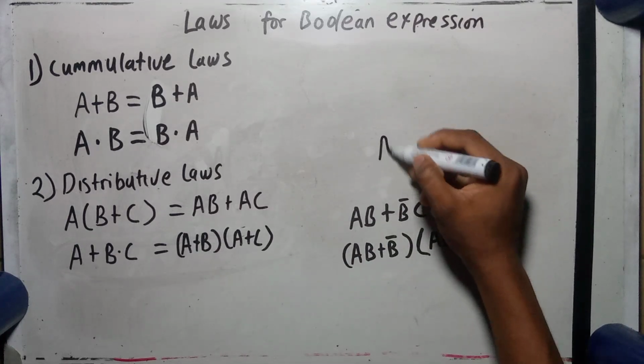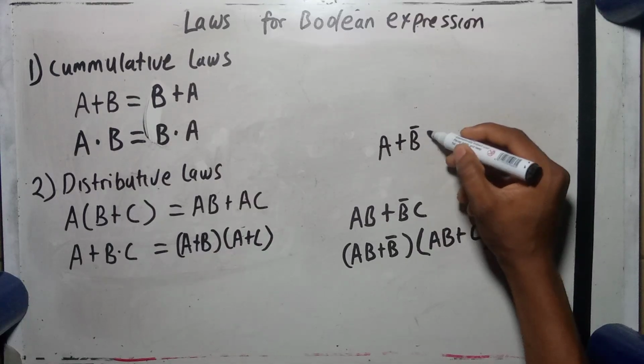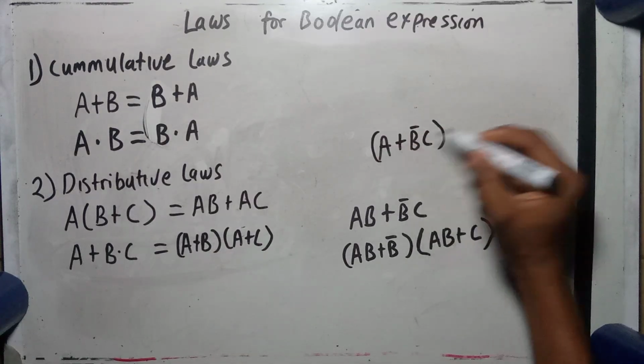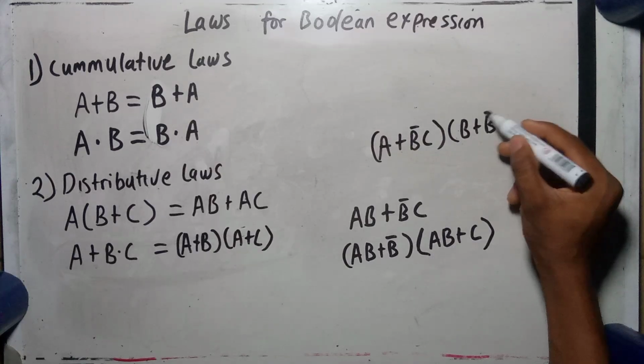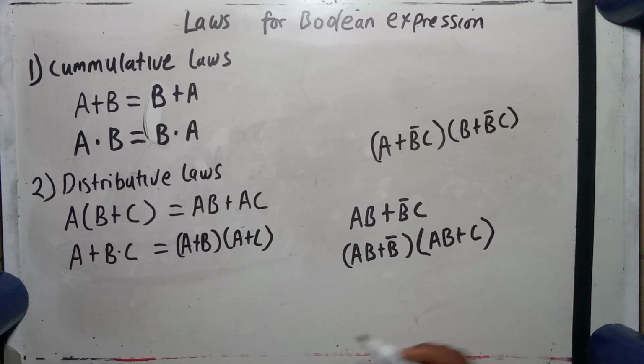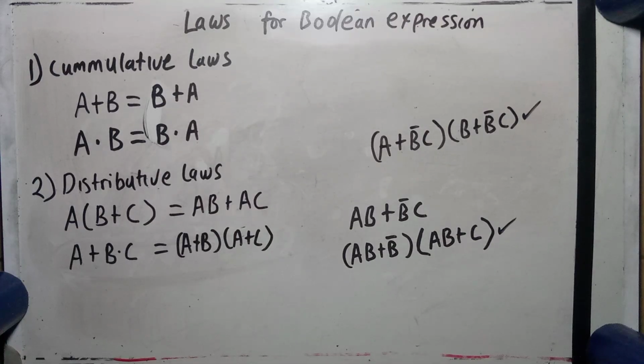You can also have A plus B bar C and B plus B bar C. So this is correct. It is you that will know the one you prefer, so you can get your answer quite easily and quickly. So know this.